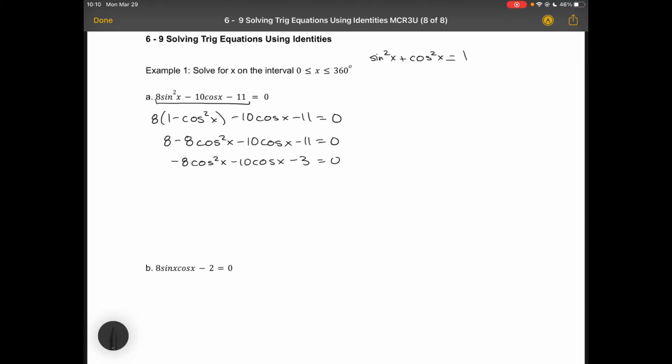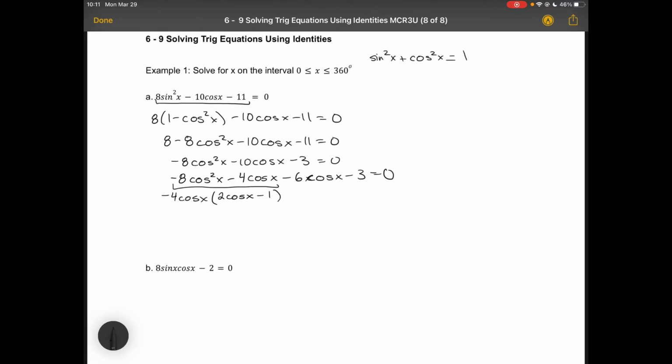Let's do an example of factoring by grouping. If I break up minus 10 cos x into minus 4 cos x and then minus 6 cos x, I can now factor this by grouping, by factoring out minus 4 cos x from these first two terms. That is going to give me 2 cos x minus 1.